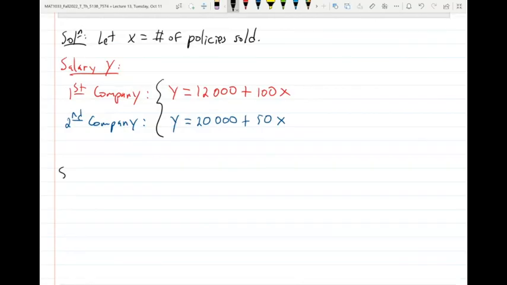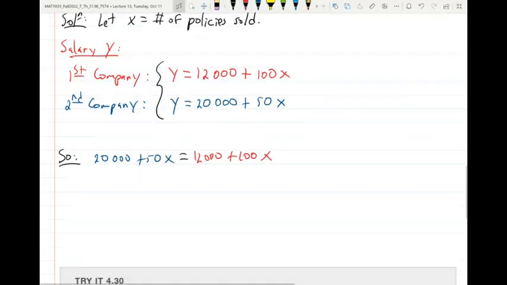So we have 20,000 plus 50x, and we want it to be equal to 12,000 plus 100x. Using substitution, let's solve. I'm going to bring the 50x to the right, just to keep it positive.